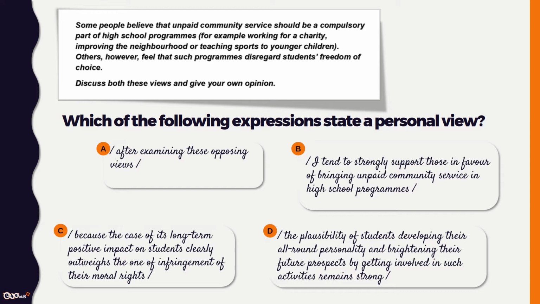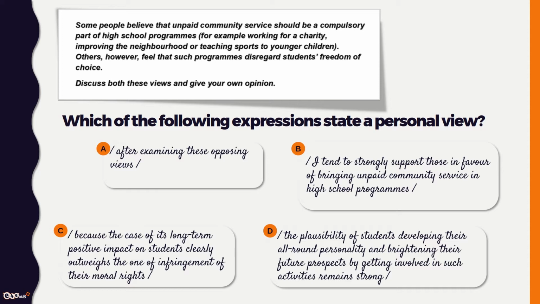C, because the case of its long-term positive impact on students clearly outweighs the one of infringing their moral rights? Or is it D, the plausibility of students developing their all-round personality and brightening their future prospects by getting involved in such activities remains strong? So all the 4 expressions are really good parts that you must have in your conclusion paragraphs. But which of the 4 are expressing a personal view?